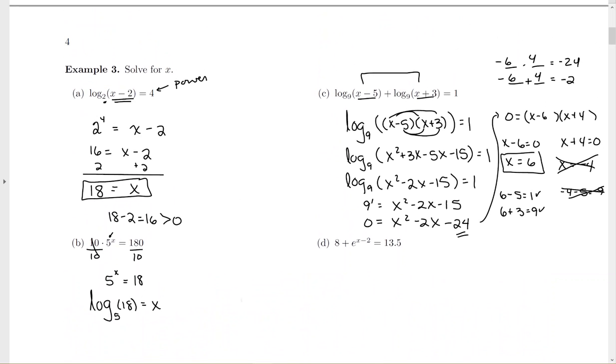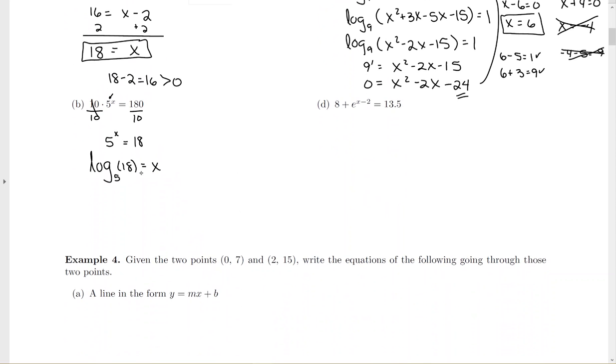Now it doesn't say to give a decimal answer, so I have solved for x here. But if you do use your calculator, remember some of you have the log button on your calculator. Go into the math menu and you'll find it. If you don't, you would need to break it up into log 18 over log 5. And that'll give you what the x value is.